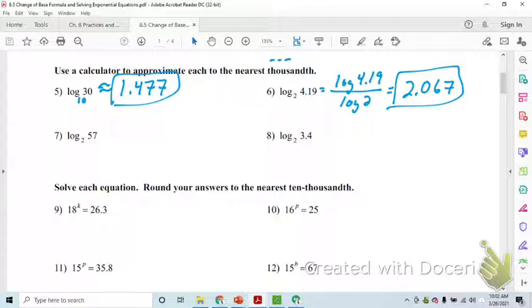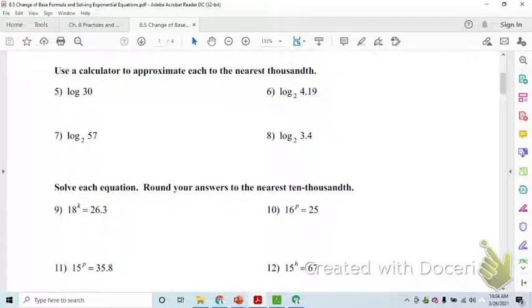That's up to you. But you're going to do the exact same thing with number 7 and 8. So number 8, for instance, that'll be log of 3.4 over log of 2. And for that one, you should end up with 1.766.